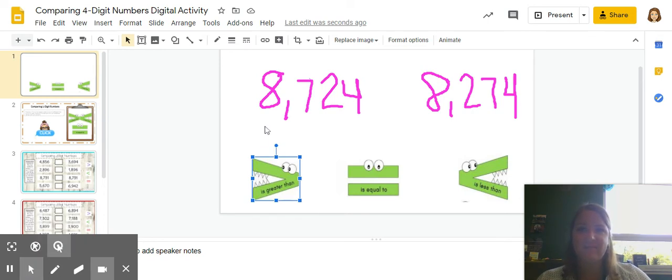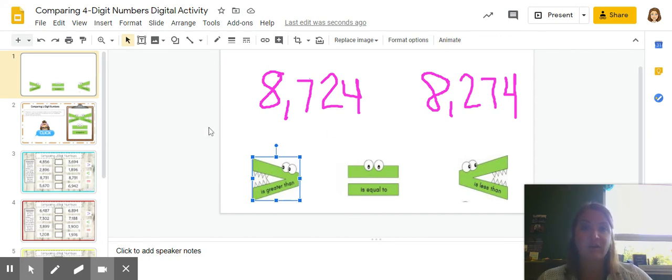All right, we have the numbers 8,724 and 8,274. We have the same digits, but I put them in a different order. Go ahead and think about which number Senior Munching Mouth would rather eat. What is the greater number? Draw your symbol in between. Pause me right now and press play when you're ready to reveal our answer.